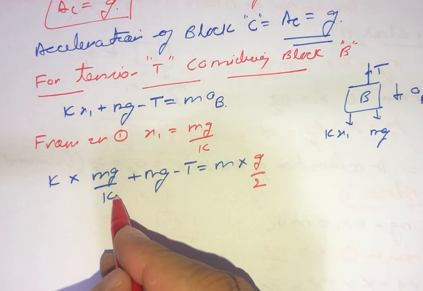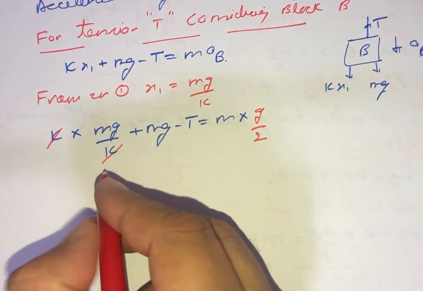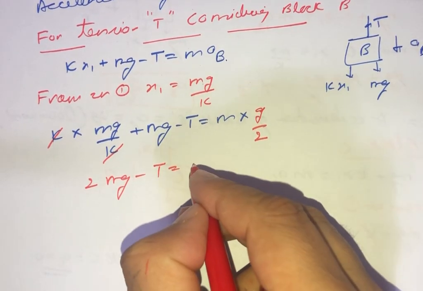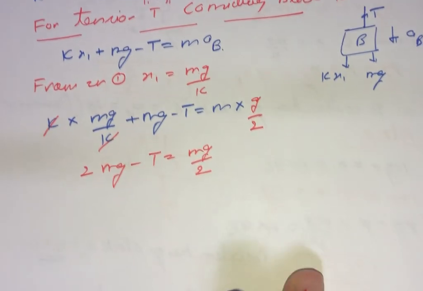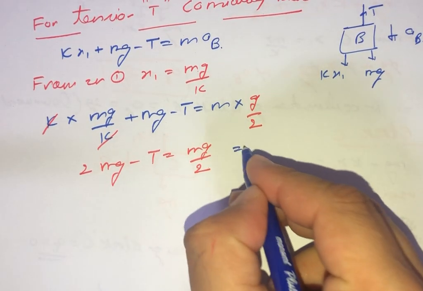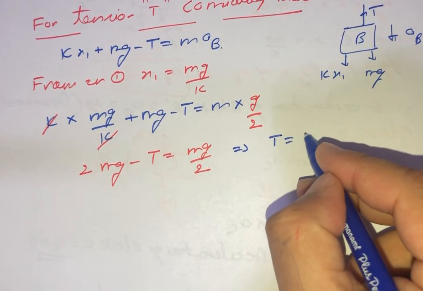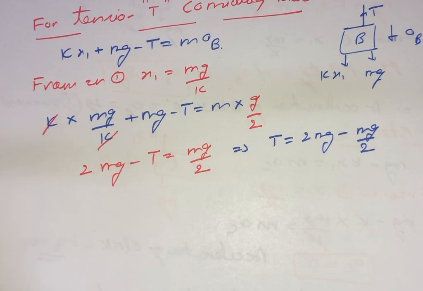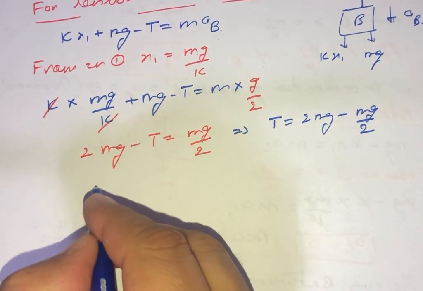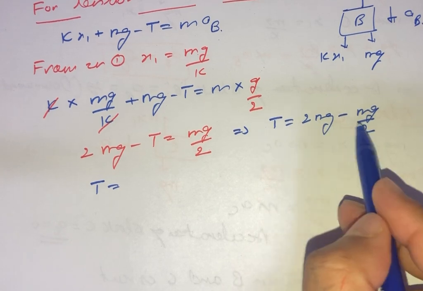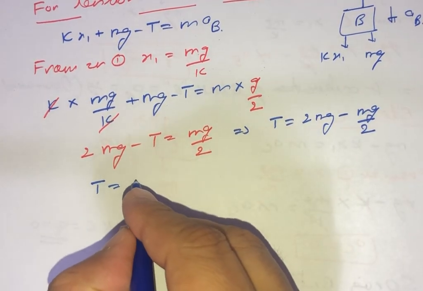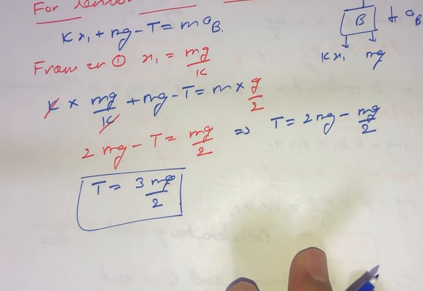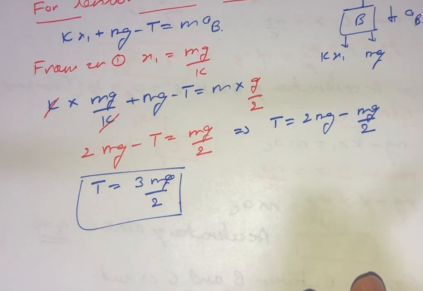So k cancels out, and we get 2mg minus T is equal to mg divided by 2. We can further solve this: T is equal to 2mg minus mg by 2, so tension T will be 3mg by 2. So this is the tension for the third case.